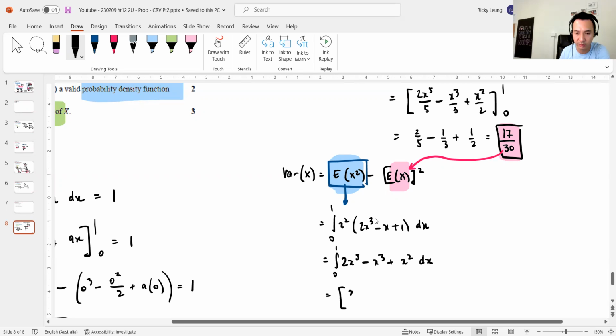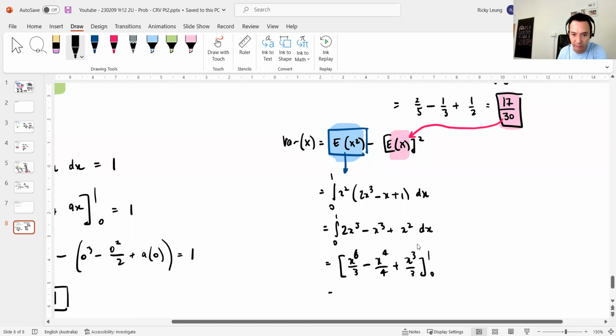What's that? x to the 6 on 3, x to the 4 on 4, x cubed on 3. Now we sub 1 in, so just a third minus a quarter plus a third. What's that, guys? 5 over 12. So this is the blue answer.